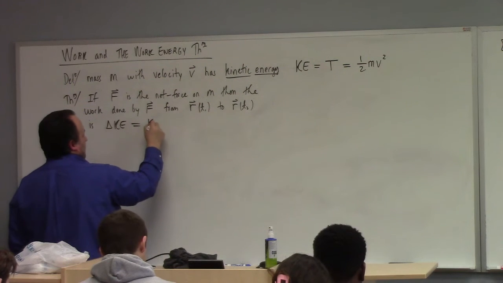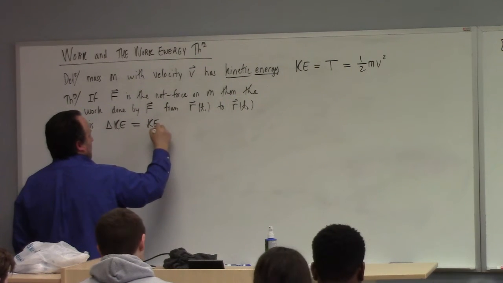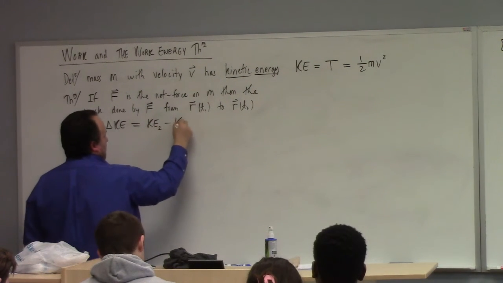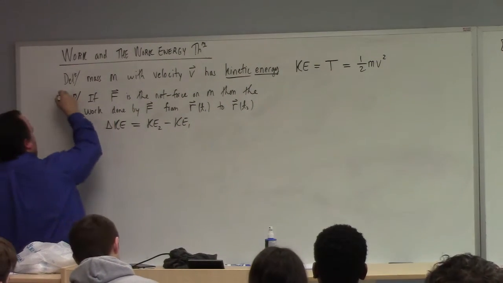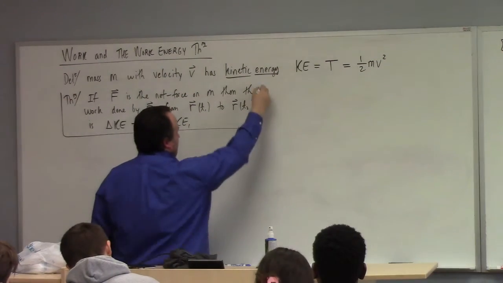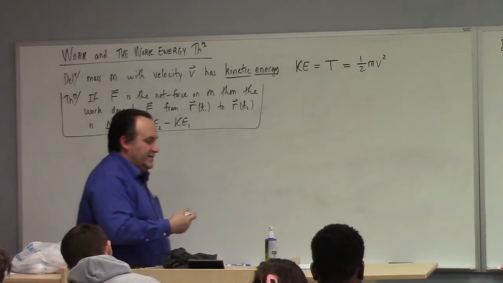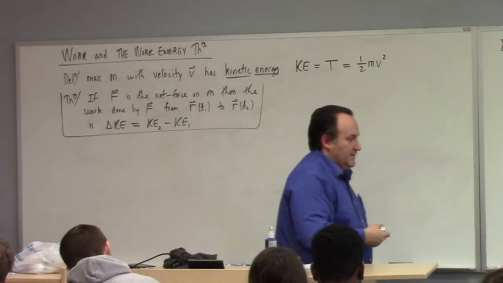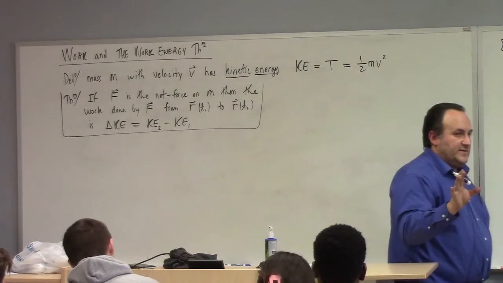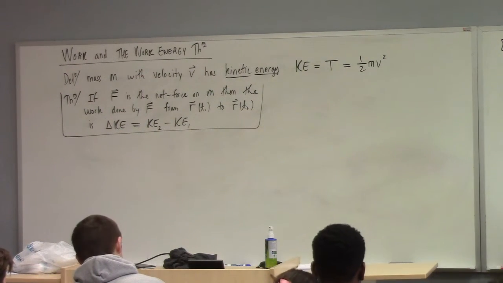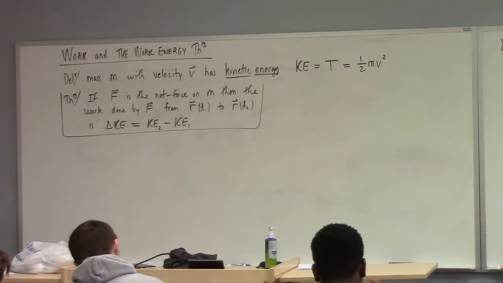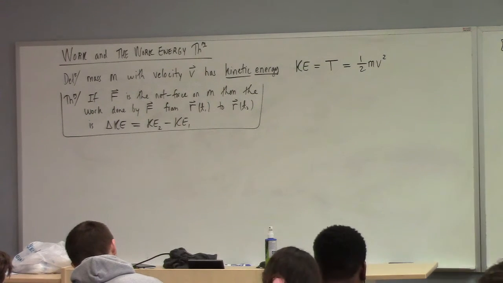So it's the kinetic energy at 2 minus the kinetic energy at 1. This is the work-energy theorem. It says that for the net force, the work done tells you the change in kinetic energy. You can see why that would be interesting, because kinetic energy is directly linked to speed, and we're interested in speed, or the magnitude of the velocity.